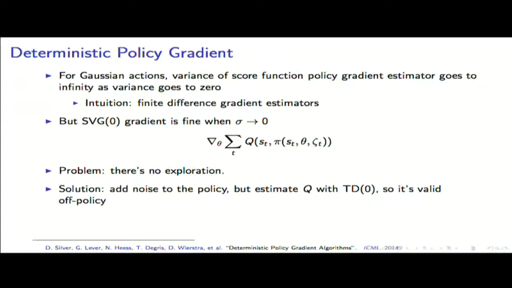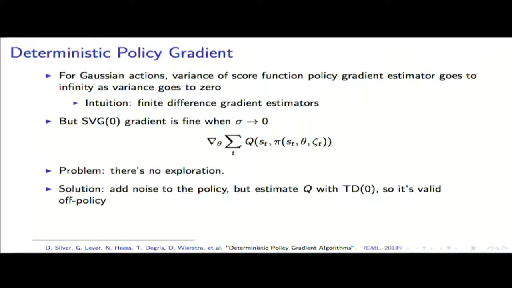But the solution that's proposed in this paper by Silver et al. is you add noise to the policy. But okay, if you add noise to the policy, then it would seem that now we're back to having a stochastic policy. And should we learn the Q function for our stochastic policy or for our noise-free policy?